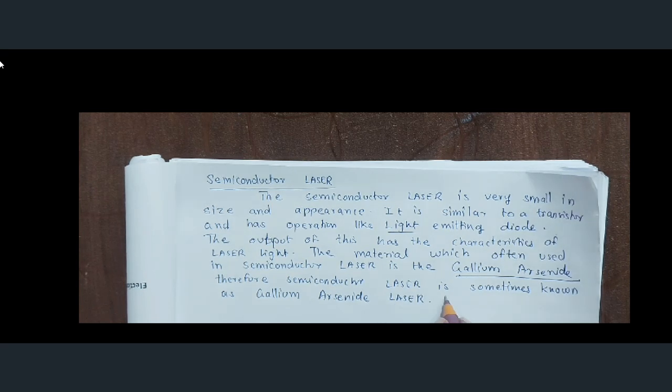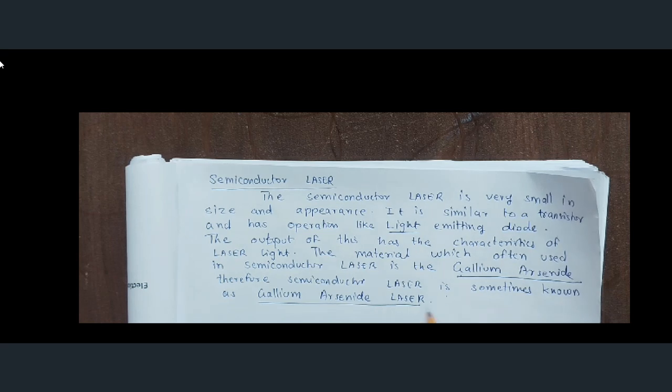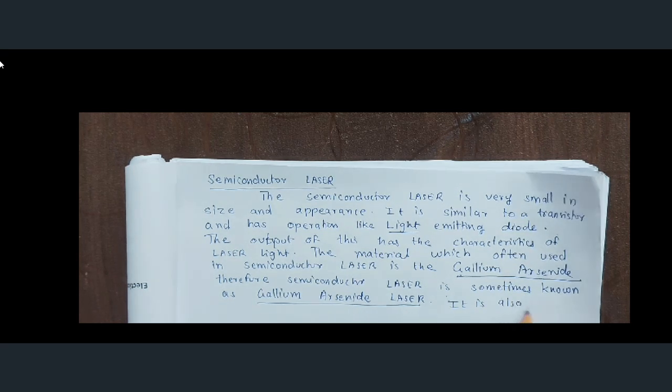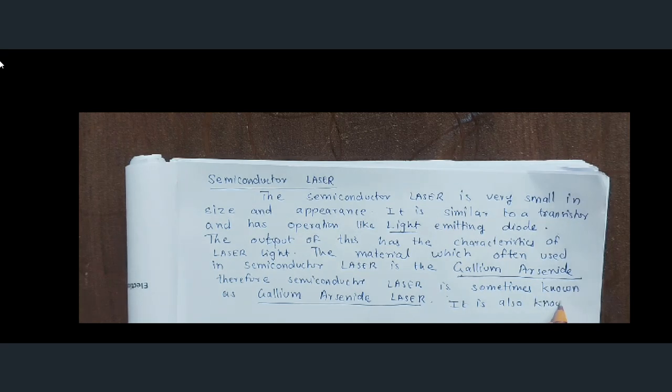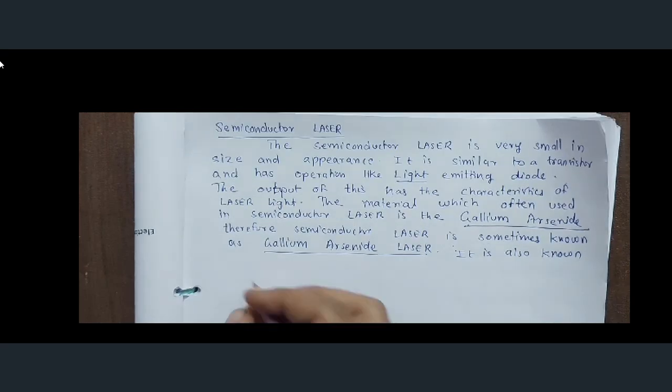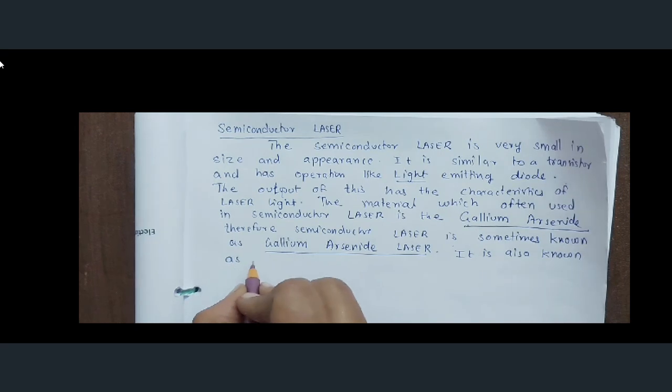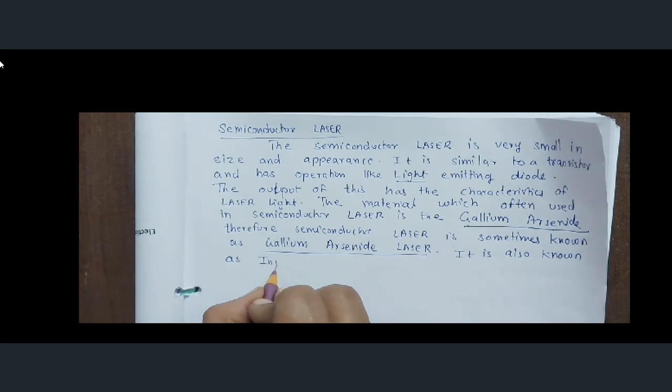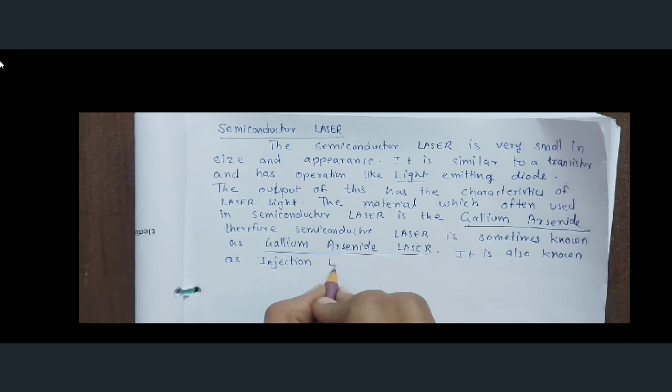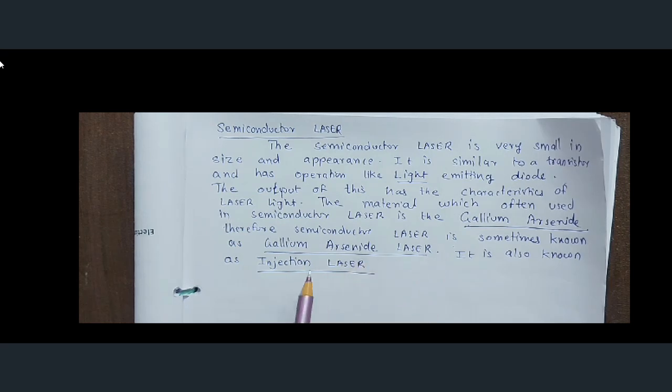One more name is there, very important: it is also known as injection laser. One is semiconductor laser, second is gallium arsenide laser, and the third name is injection laser. Let us see the construction.